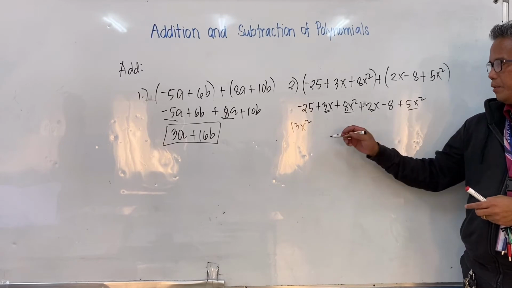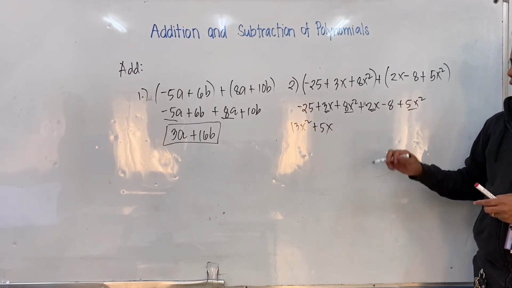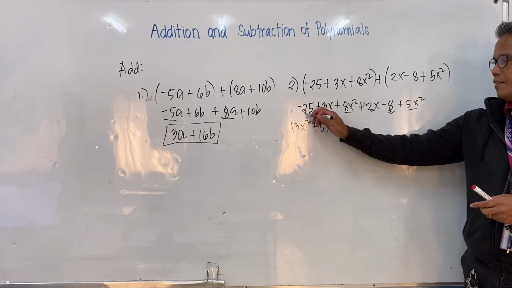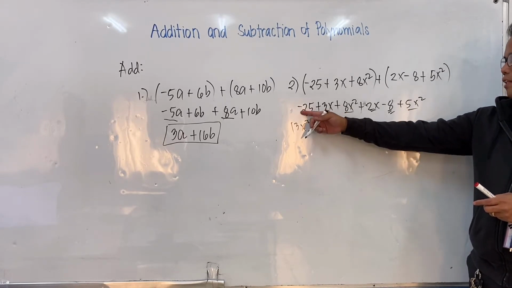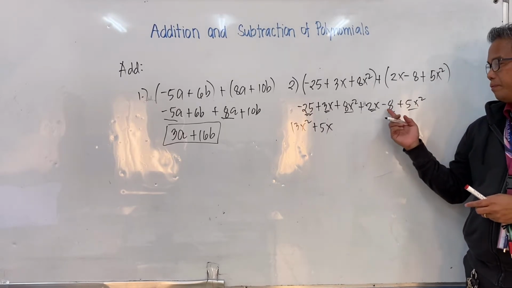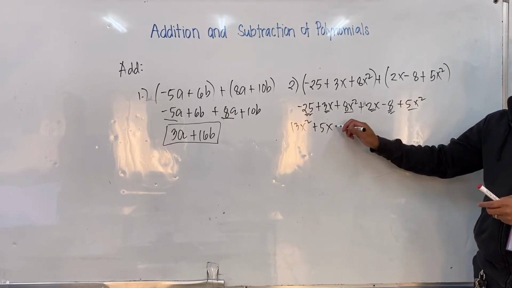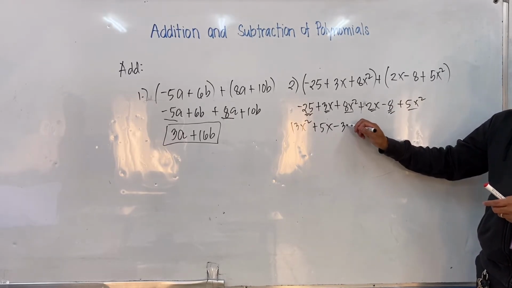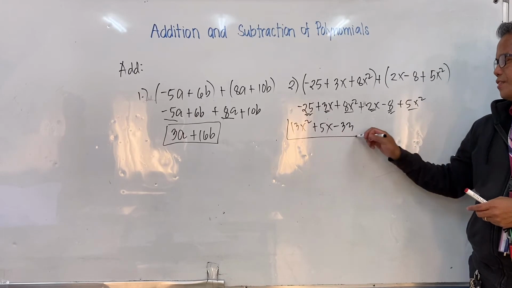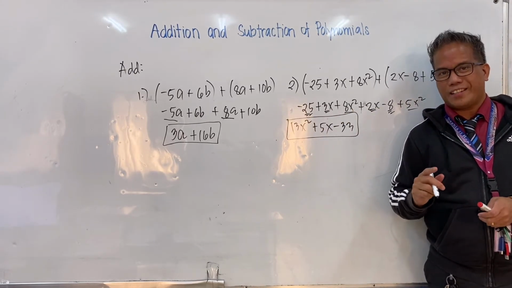Adding these terms, the result will be 5x. And the last one is the constant term. So negative 25 minus 8 is equal to negative 33. So this is now your answer. As simple as that. Did you understand?